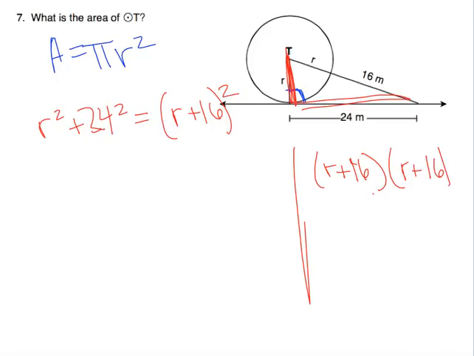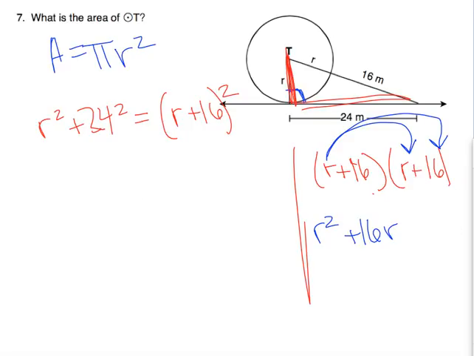Okay, so r times r is r squared. R times 16 is 16r. Now I have to change colors for dramatic effect.